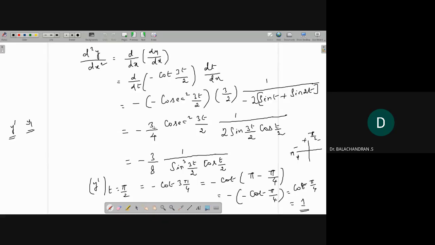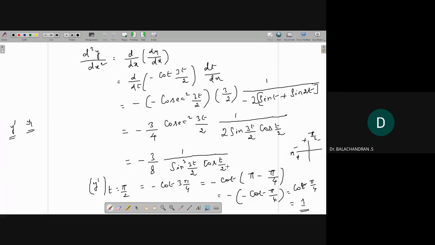So next step, minus 3 by 4 into 2, that is 8. I am writing everything in terms of sine and cos, so you can write this as 1 by sine square 3t by 2. Here already you have sine 3t by 2, so sine cube 3t by 2 into cos t by 2.